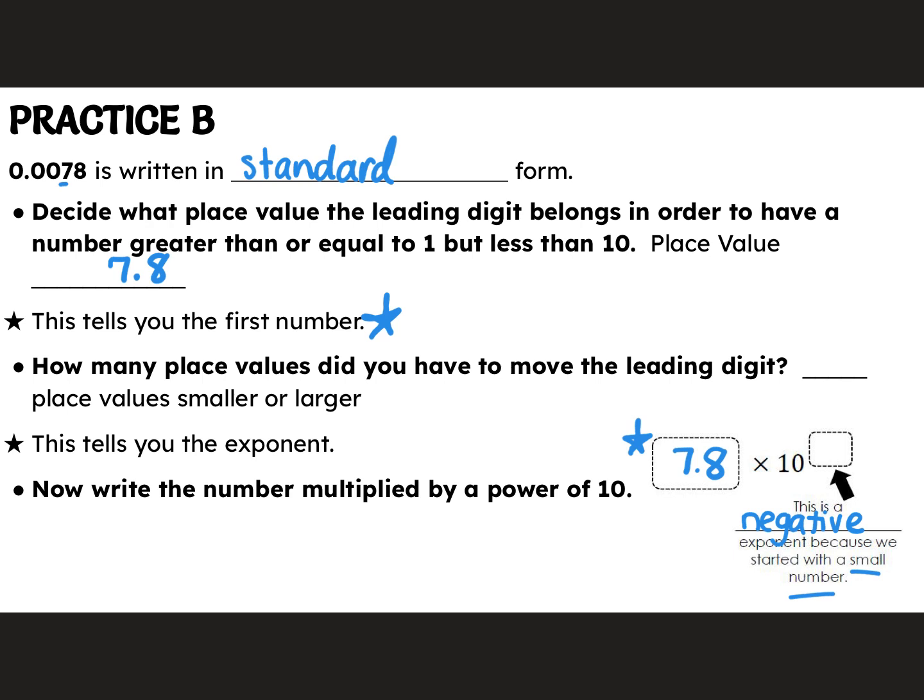We know it's negative because it's a decimal number. We have to ask ourselves, how many place values did the 7 move? Well, it moved 1, 2, and 3 place values. So it moved 3 place values, but I want to make it -3 because I wanted it to get 3 place values smaller.